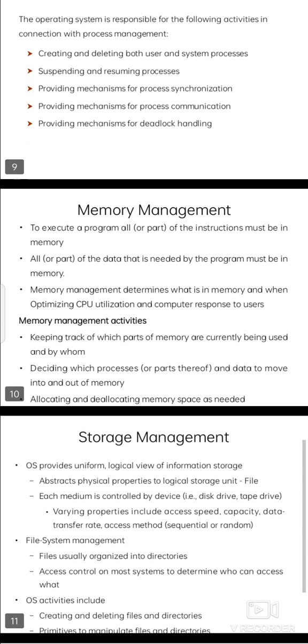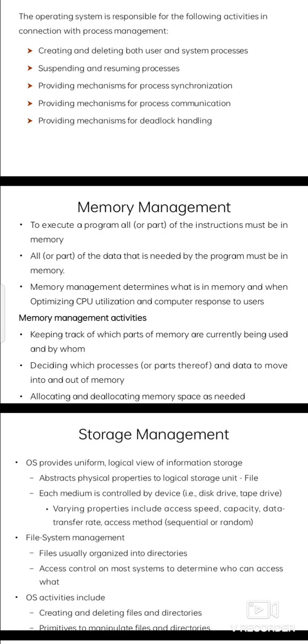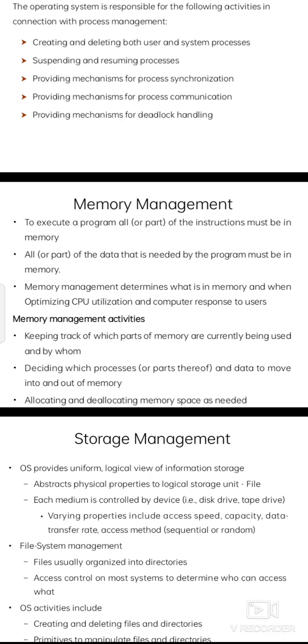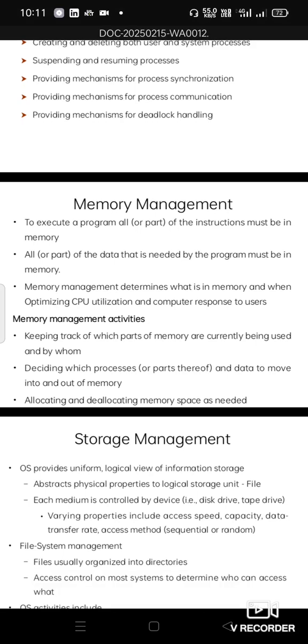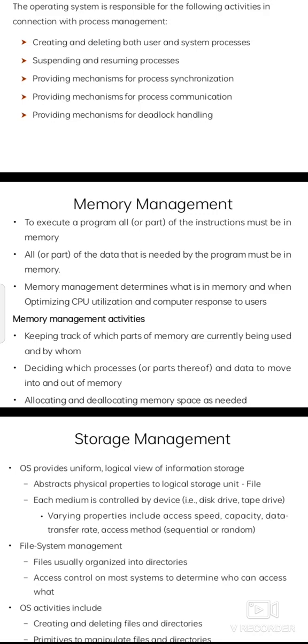Then memory management. To execute a program, all or part of the instructions must be in memory, and all or part of the data that is needed by the program must also be in memory. So memory management determines what is in memory and when, optimizing CPU utilization and computer response to users. So the main job of the OS is to optimize the CPU utilization and memory utilization.